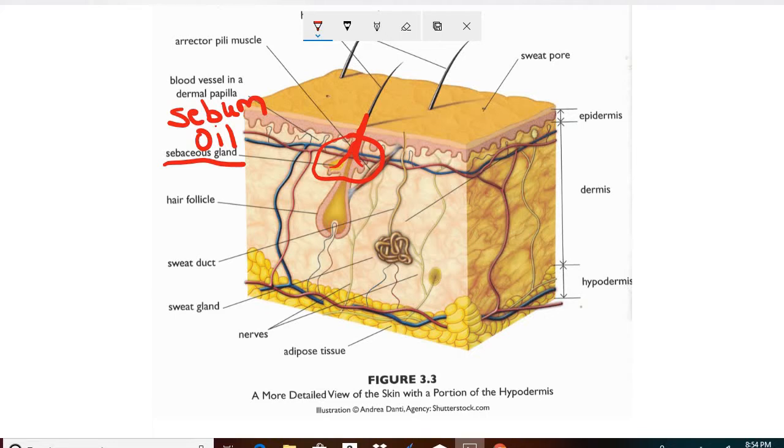And it helps to soften the skin and hair, and it also serves as a protective barrier against harmful bacteria. So the sebaceous gland is a type of holocrine gland.